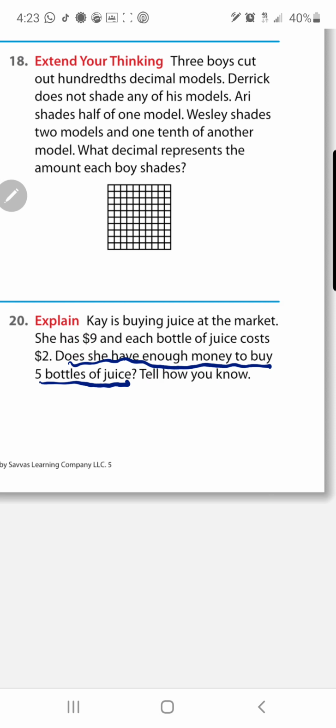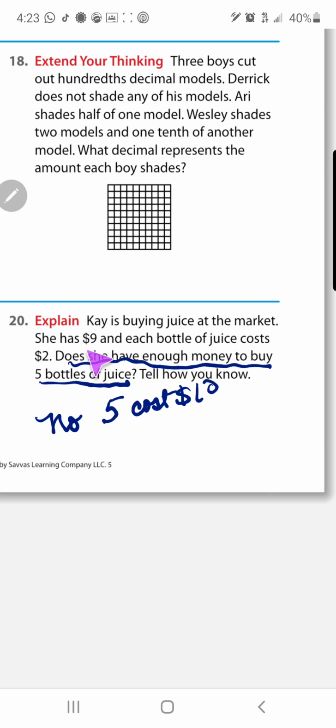So the answer would be no, she can't. Because the 5 bottles would cost $10. She can only buy 4 bottles of juice. Remember, it says it right there.